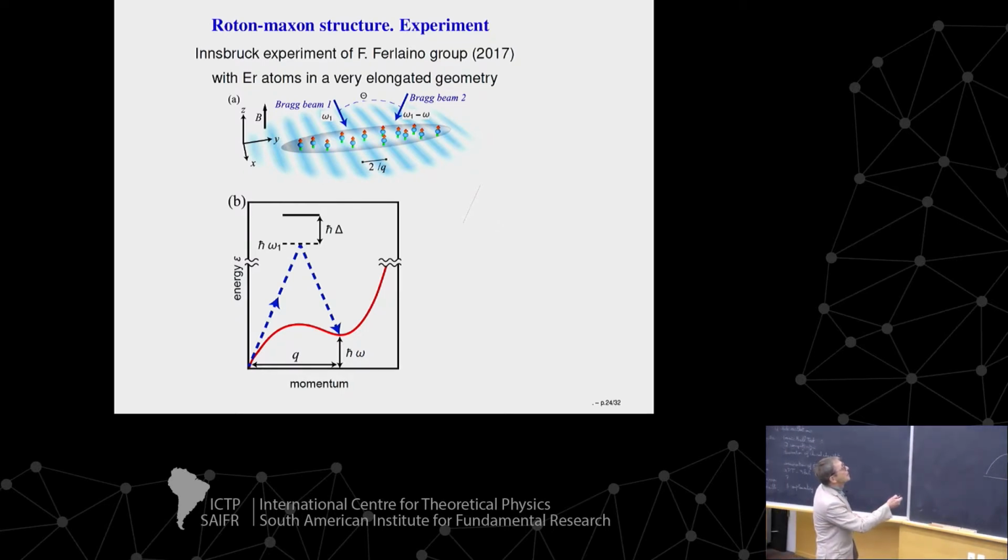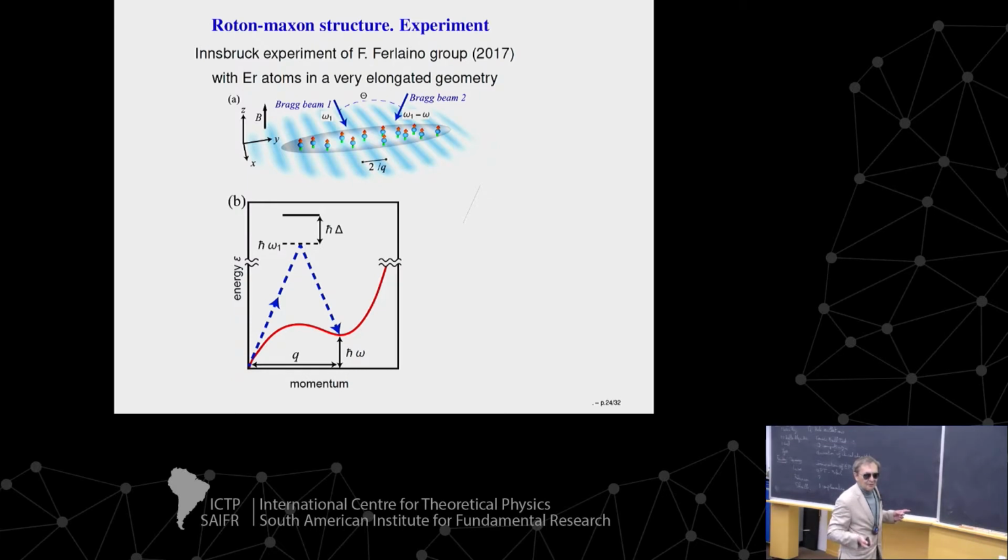And Francesca Ferlaino did the following experiment. They had an elongated condensate of erbium atoms, with a magnetic moment of 7 Bohr magnetons. Using Bragg spectroscopy, they found the excitation spectrum. In this direction the system is practically untrapped or very weakly trapped, so the momentum is like this.